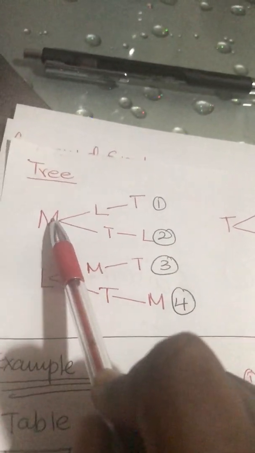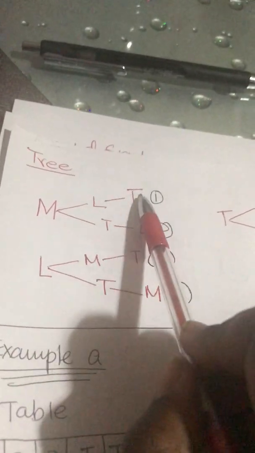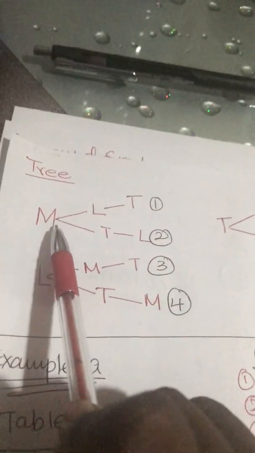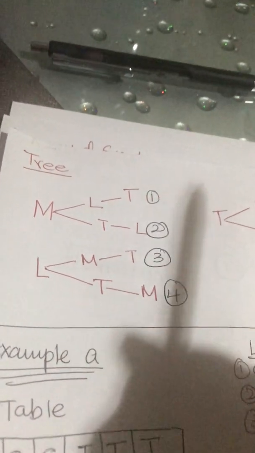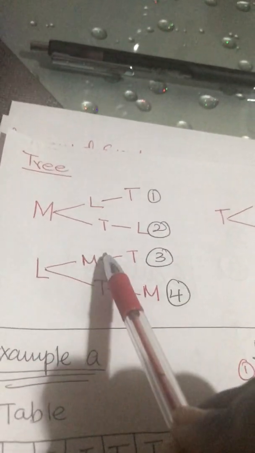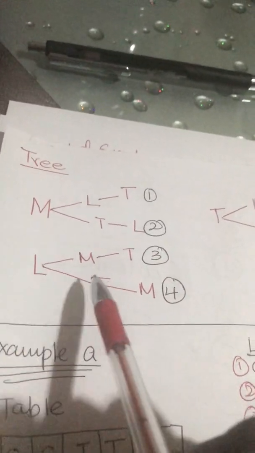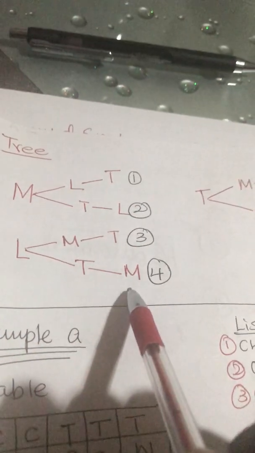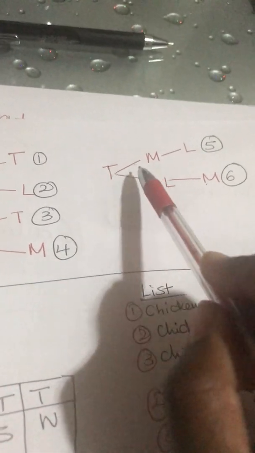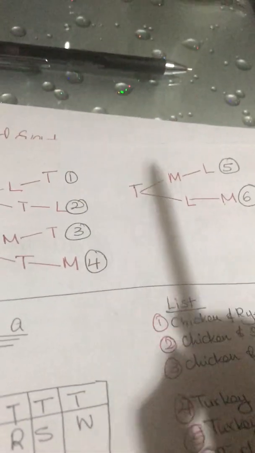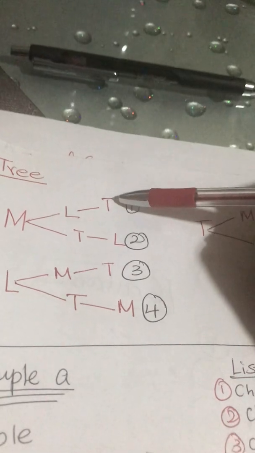So, if you start with a Mercedes, you get a Lexus and then a Toyota. Or Mercedes, Toyota, Lexus, like that. There is your tree diagram. Lexus, Mercedes, Toyota, Lexus, Toyota, Mercedes. You draw. Toyota, Mercedes, Lexus, Toyota, Lexus, Mercedes. How many items do you count the last letters?